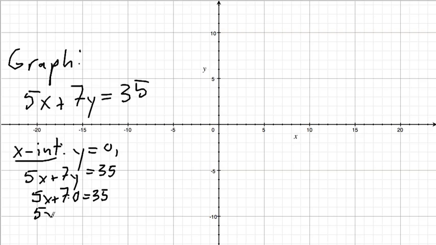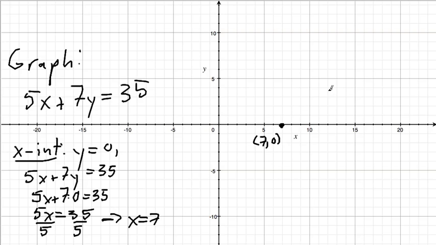This just gives us 5x is equal to 35, and then we divide both sides by 5, and this gives us that x is equal to 7. And so that means that our x-intercept is the point 7, 0. So we go out 7 along the x-axis, and we don't have to move anywhere along the y-axis. This is our x-intercept 7, 0.